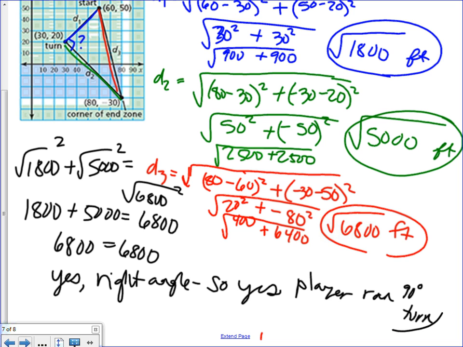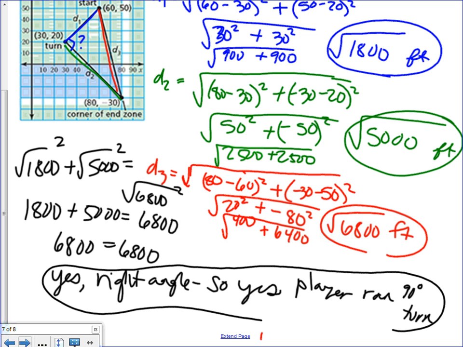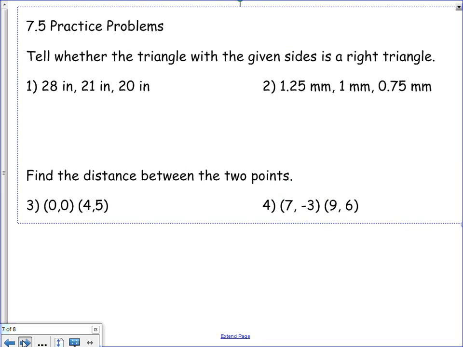Okay, and that would be your solution here. So a lot of work for that one problem. I had to use the distance formula 3 times and then use the converse to the Pythagorean theorem to make sure it was a right angle.